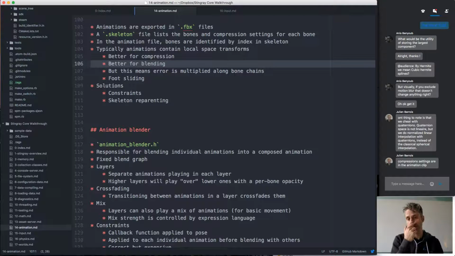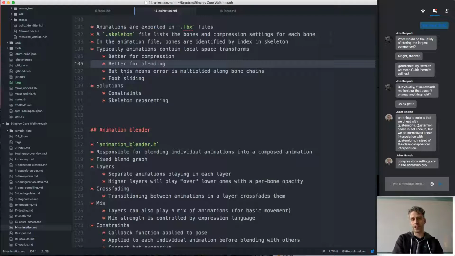As we will see later, we want to blend multiple animations on top of each other. So we might want to blend an aiming animation with a recoil animation like this. And by doing it in local space, it's easier to understand what happens with blending.